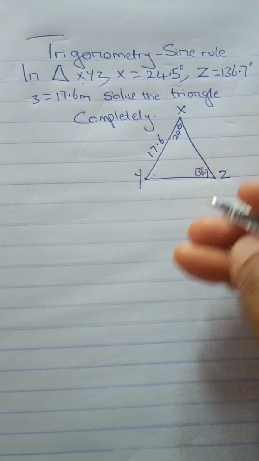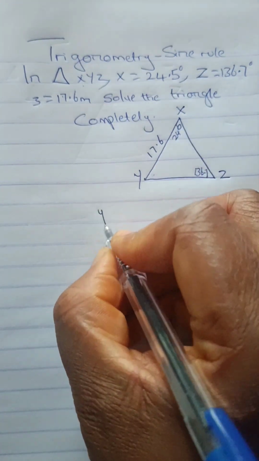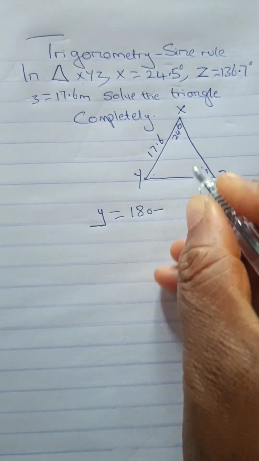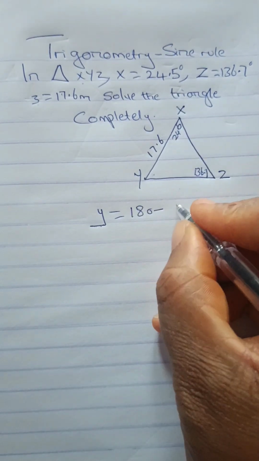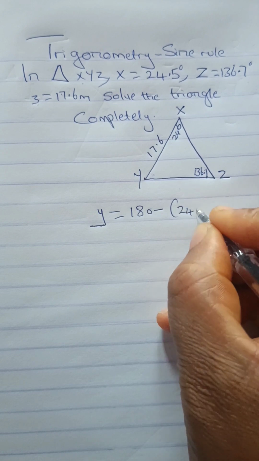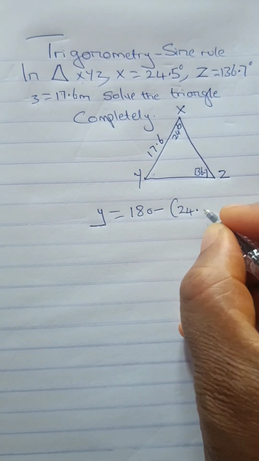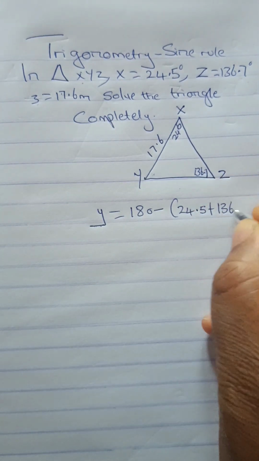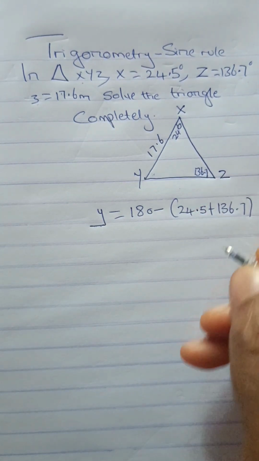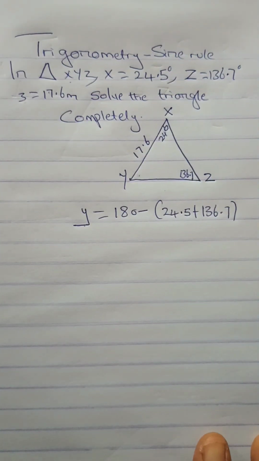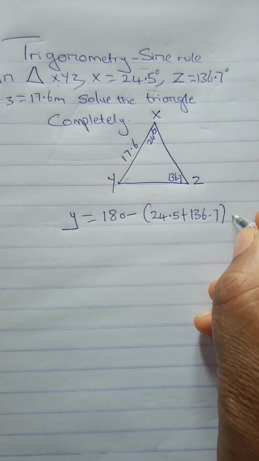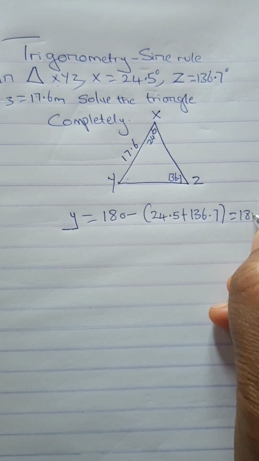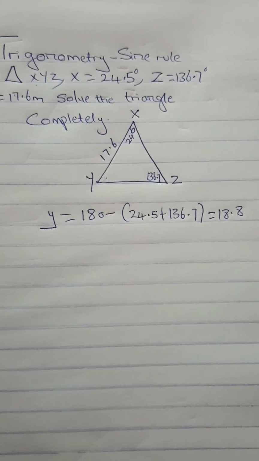So let's solve for this first, which is y. y is equal to 180 minus this plus this, which is 24.5 plus 136.7, which is equal to 18.8.